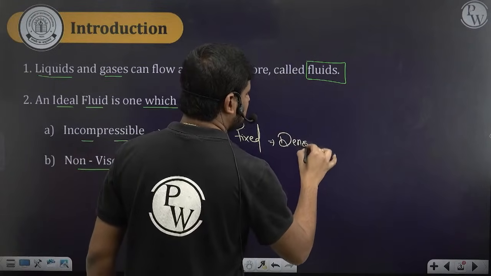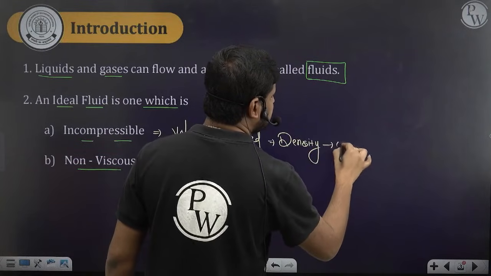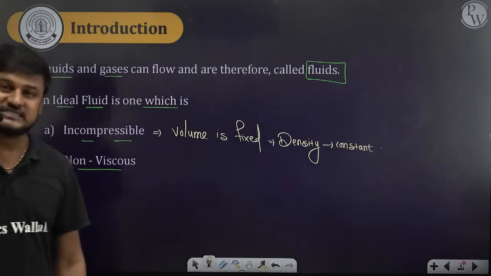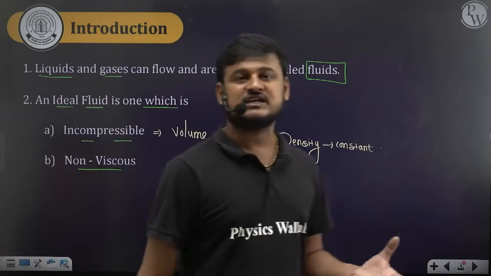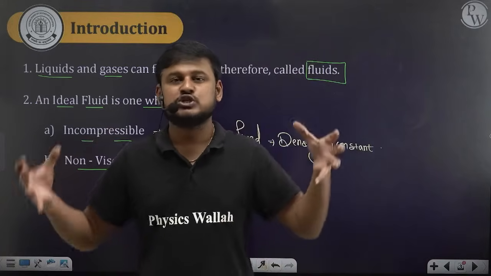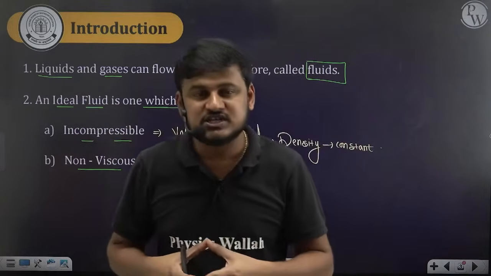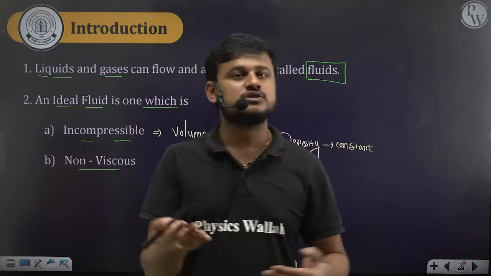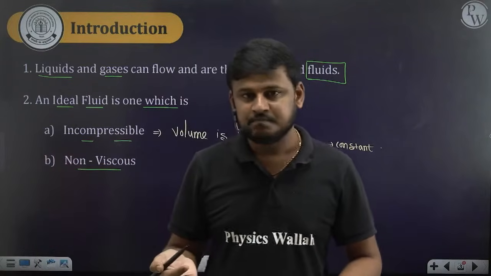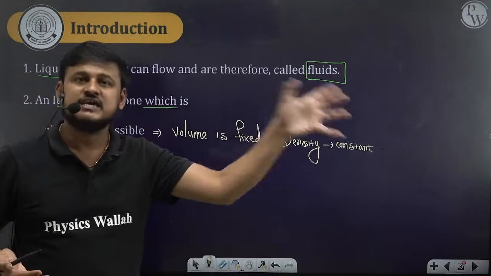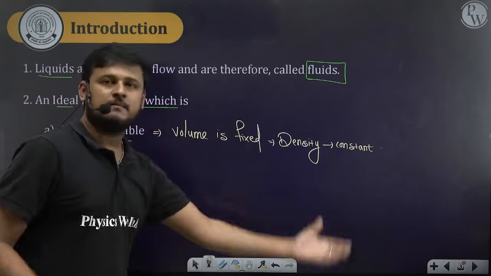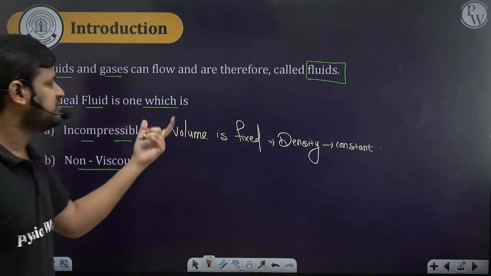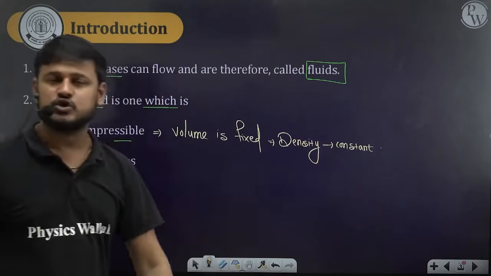In the last session, while discussing the bulk modulus of elasticity, if any object is placed under the fluid, its volume decreases, mass remains constant, so its density increases. What's the new density that we studied? The rho dash is equal to rho into 1 plus delta P by B. Yes or no? So unlike there, here in the mechanical properties of fluids, we consider the ideal fluid, which is incompressible, which means volume is fixed and the density is going to be constant.